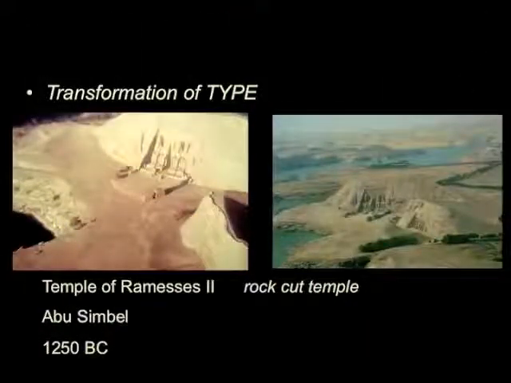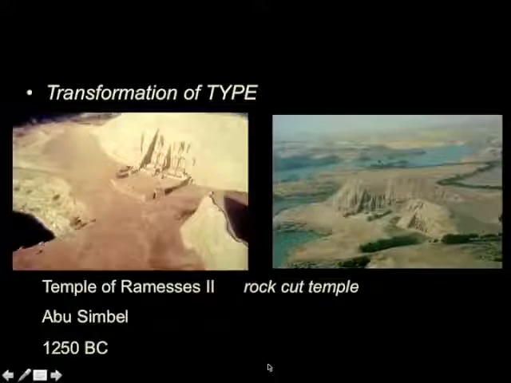So we noticed that at the Hatshepsut temple, the landscape itself was being engaged in an aggressive way to amplify the scale of the building and to make connections to the notion of the mountain that could make meaningful the architecture that's inserted there. Here's another Ramses II temple.